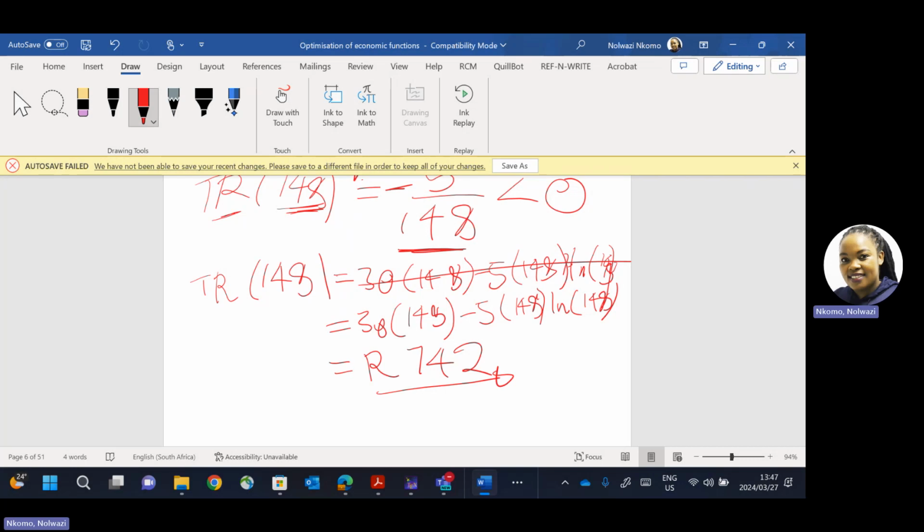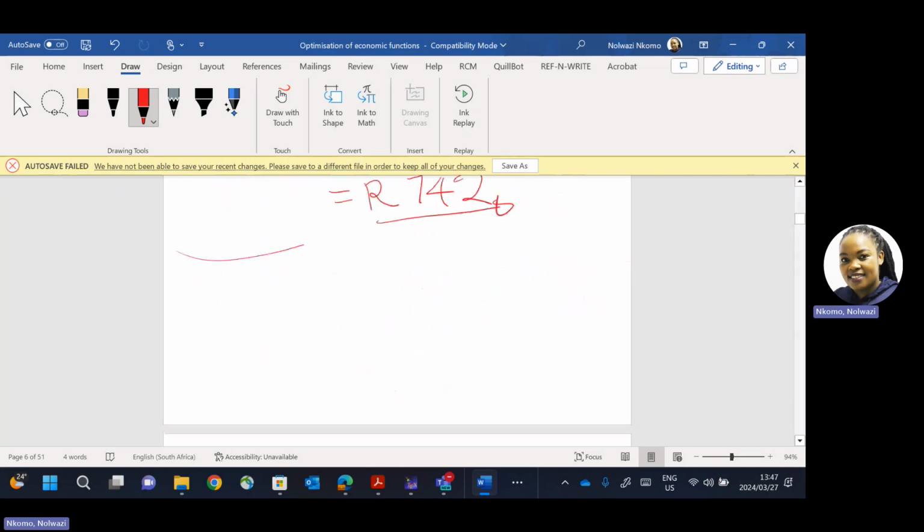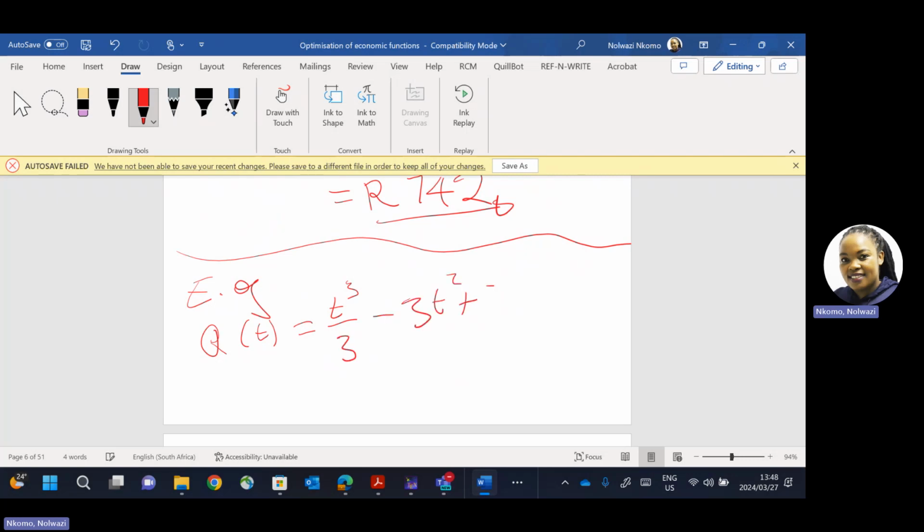In your spare time, please try and do this example. The output over time for a firm is given by Q of T equals T cubed over 3 minus 3T squared plus 5T plus 50.